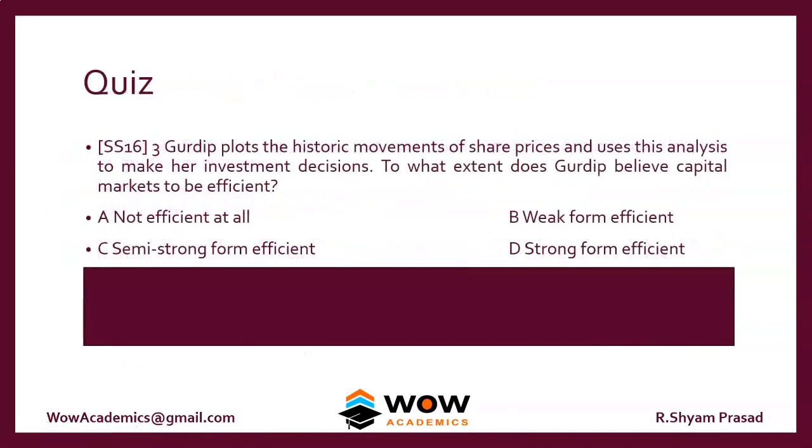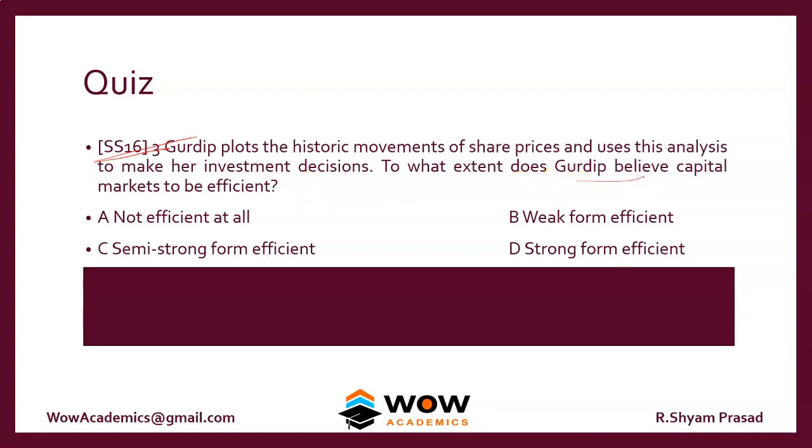So we'll move on to the quiz. This question was asked in the September 16 specimen exam. Gurdeep plots the historic movements of share price and uses this analysis to make her investment decisions. To what extent does Gurdeep believe markets to be efficient?